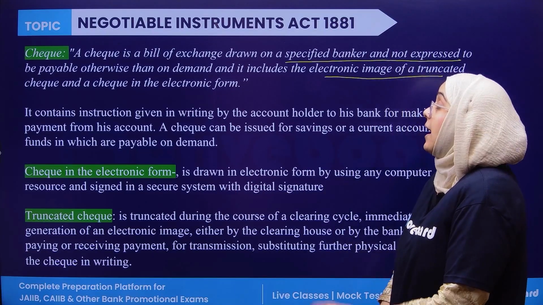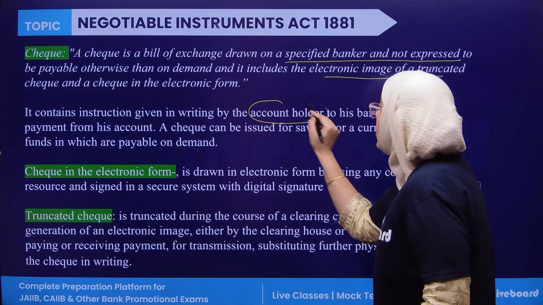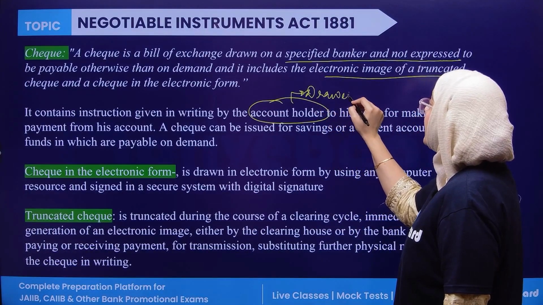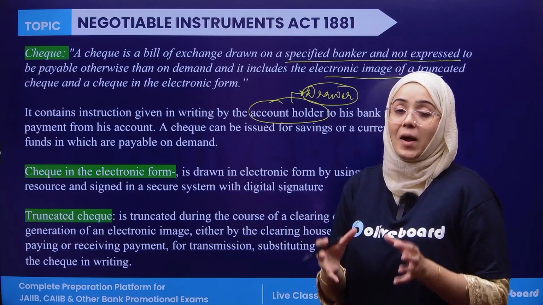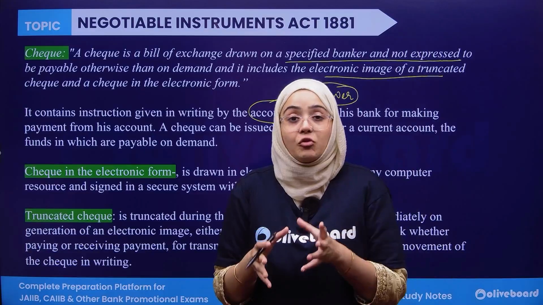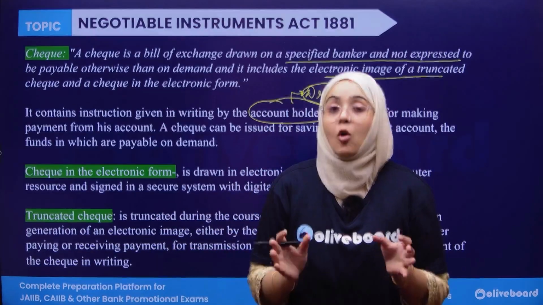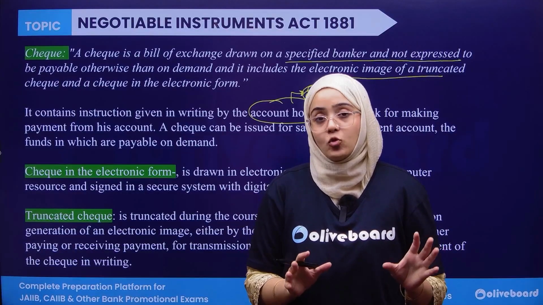A check is a written instruction by an account holder, who is also known as the drawer of the check. The drawer of the check is the person who is writing the check and instructing the drawee to pay a certain amount on his or her behalf, or from his or her account balance.